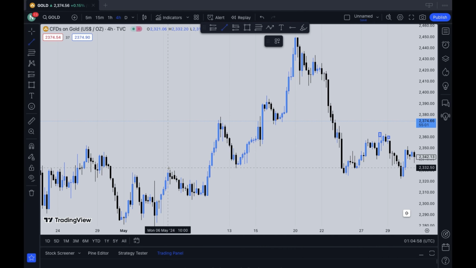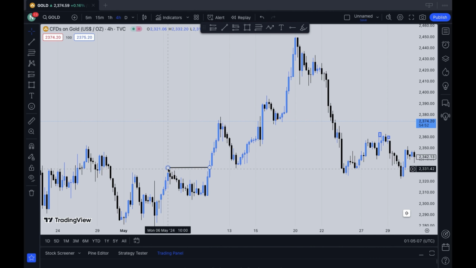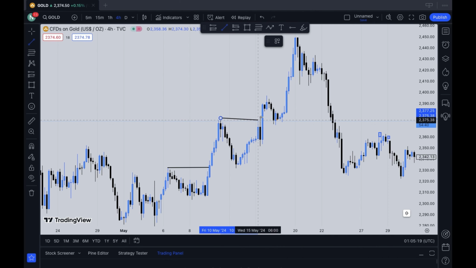From this recent high right here, you see that the market retraces downwards a little bit, and then breaks above this recent high, or structure. So this becomes our break of structure. Same for this right here: the market goes all the way up, retraces downwards a bit, and then breaks above that recent high. That is also another break of structure.